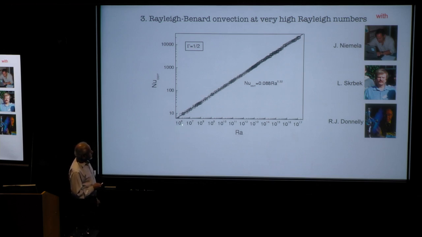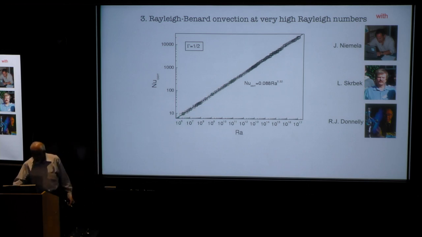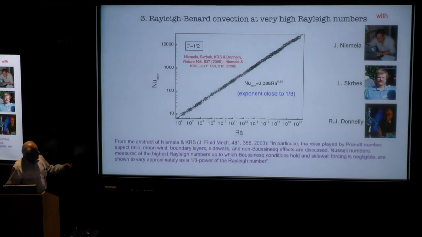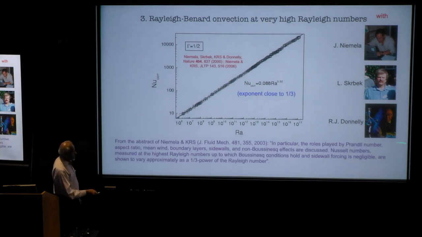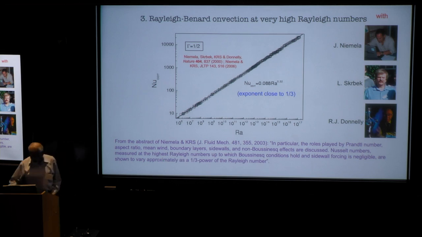Now, in an experiment we did some years ago, where we went from 10 to the power 6 to 10 to the power 17, using some properties of cryogenic helium, we showed that the power law was around 1/3. We actually looked at it very carefully and said it varies approximately as the 1/3 power.